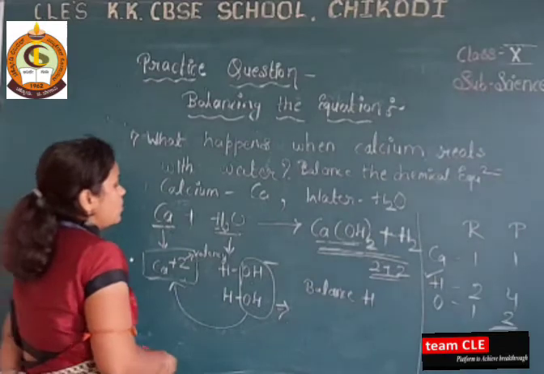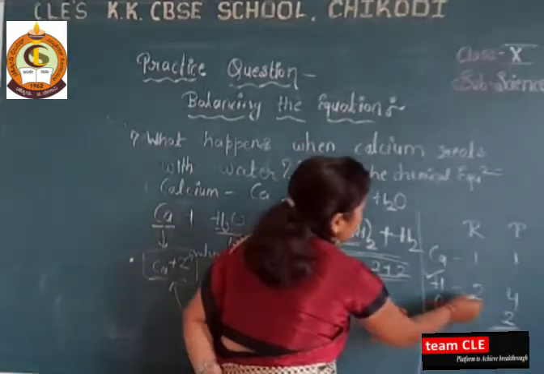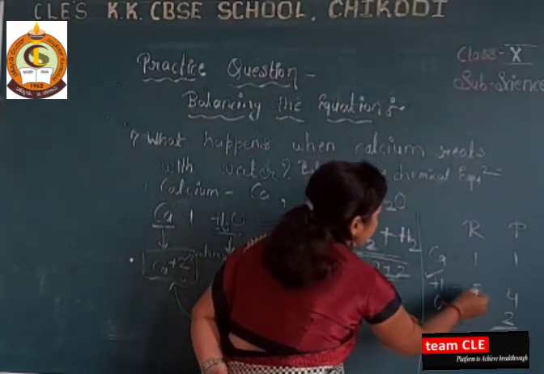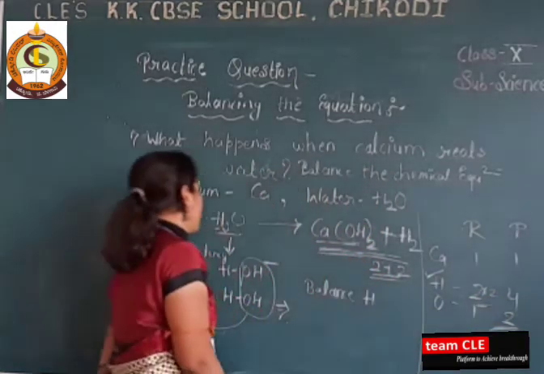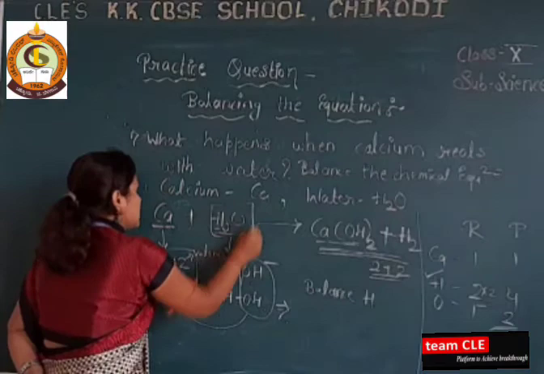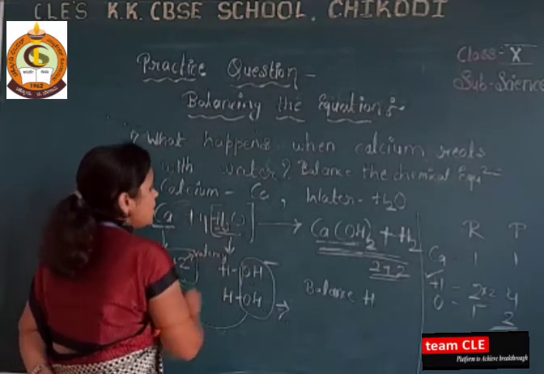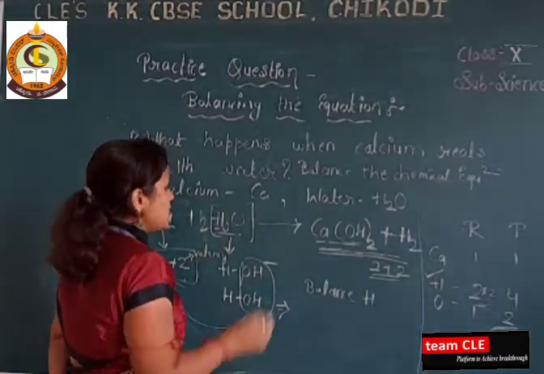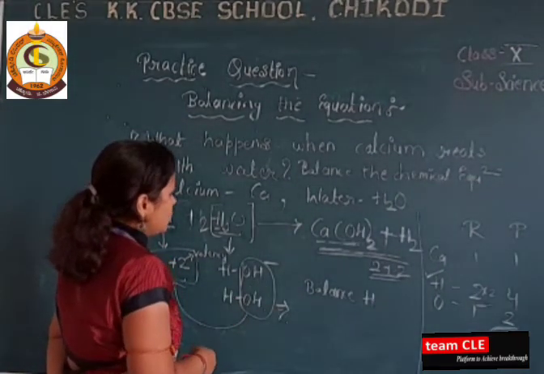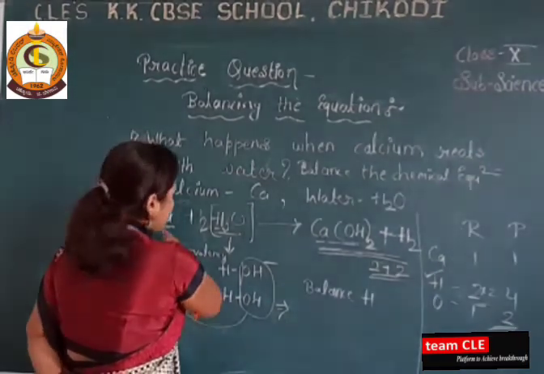If you balance hydrogen, what happens? Let's see. Here the hydrogen is only 2, here it is 4. So multiply the reactant by 2, you will get 4 and 4. So I have to multiply the whole H2O by 2. The number of oxygens will also change.